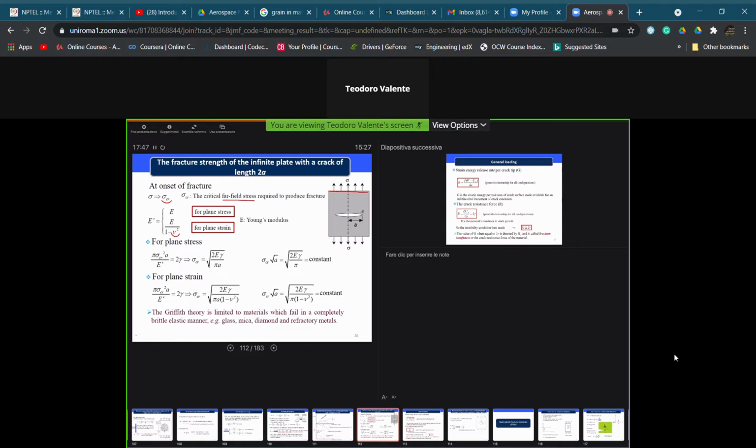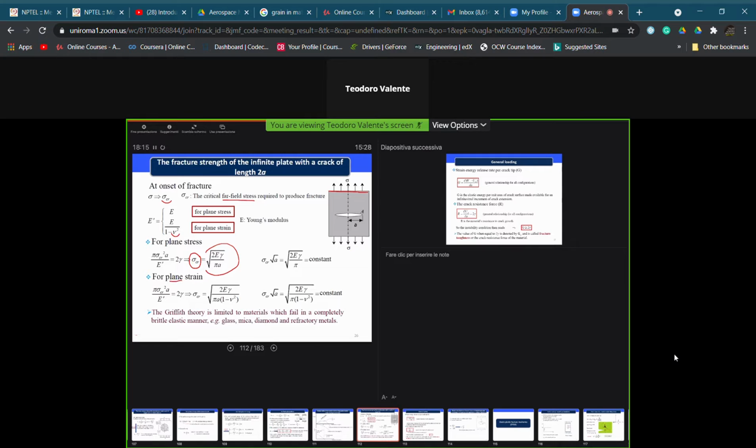It can be written that the critical far field stress for fracture propagation, in the case of plane stress, is equal to the square root of 2 times the Young modulus of the material multiplied by the surface energy, divided by pi, divided by the semi crack length.